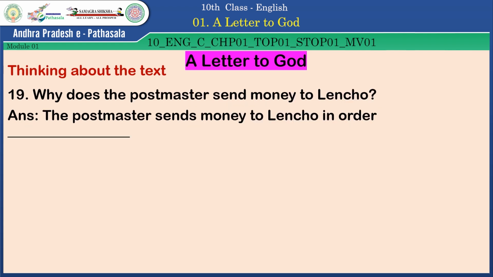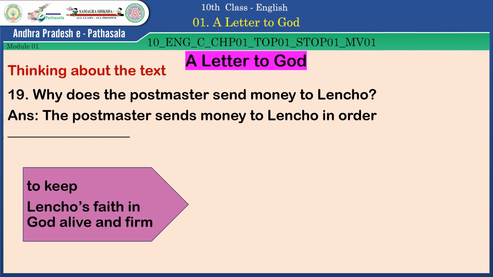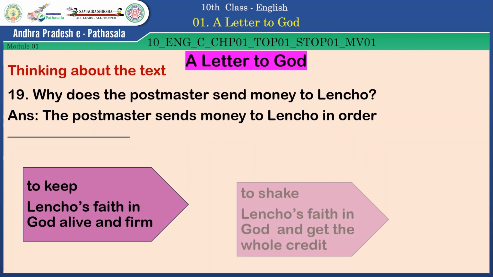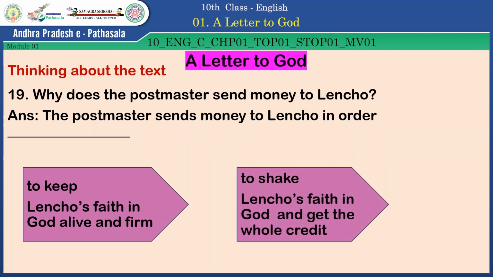Why does the postmaster send money to Lencho? Answer: the postmaster sends money to Lencho in order, first option, to keep Lencho's faith in God alive and firm, or to shake Lencho's faith in God and get the whole credit. What's the right option?